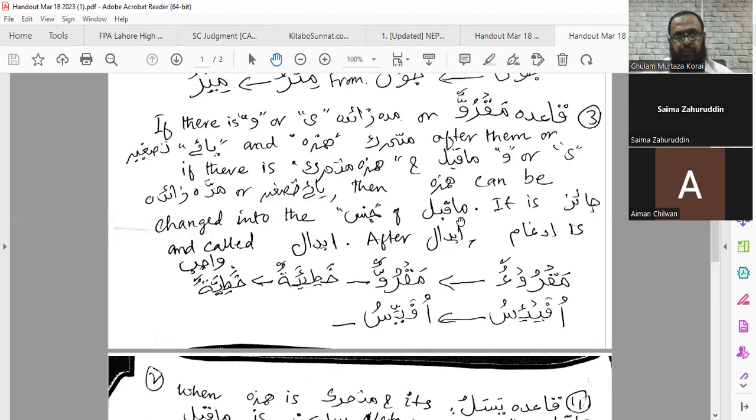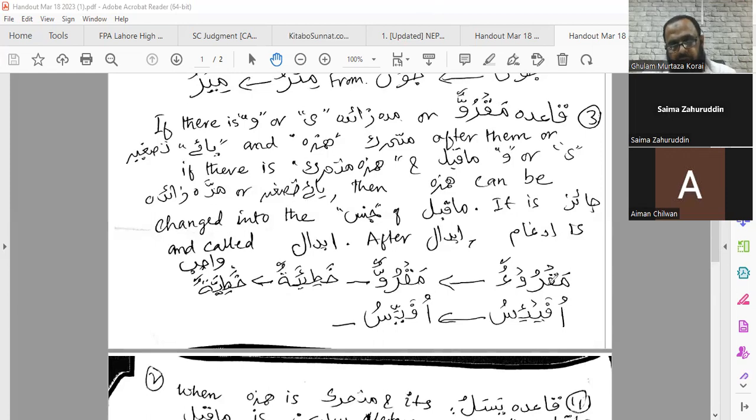But once it has been changed into the jins of ma qabal, now idgham is wajib. This is ibdal: changing hamza into the jins of ma qabal is ibdal, and making mudgham means making idgham is wajib. Let's analyze it properly.